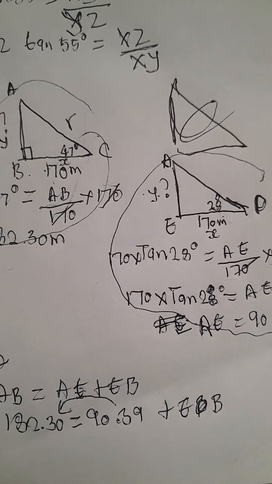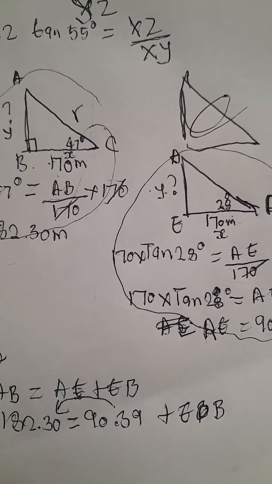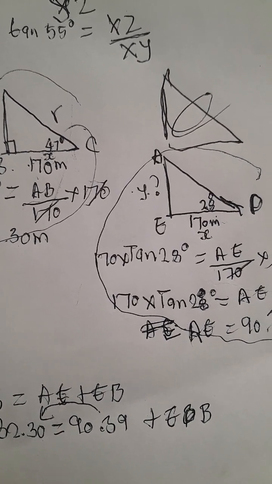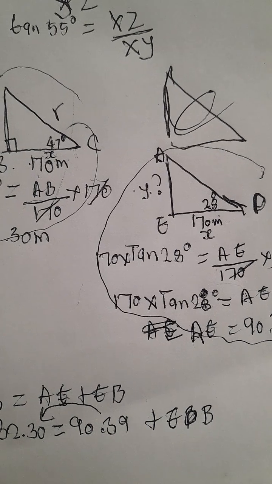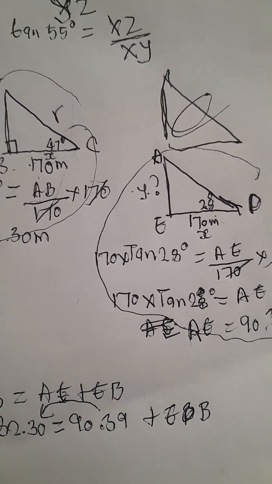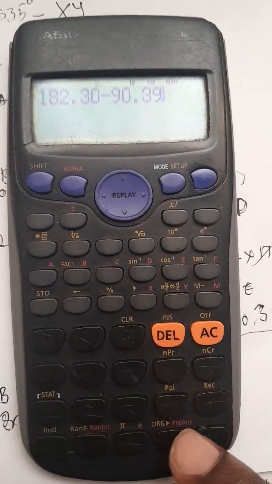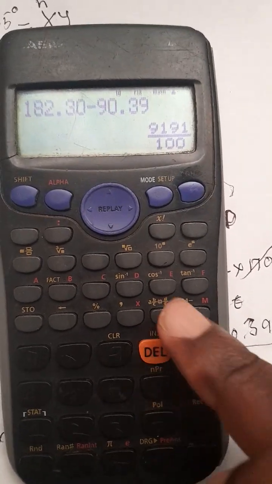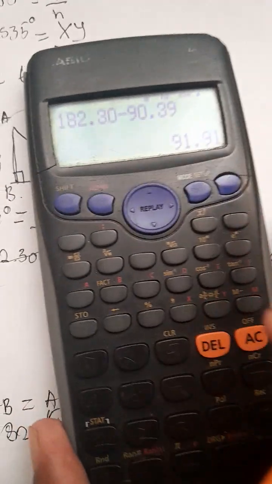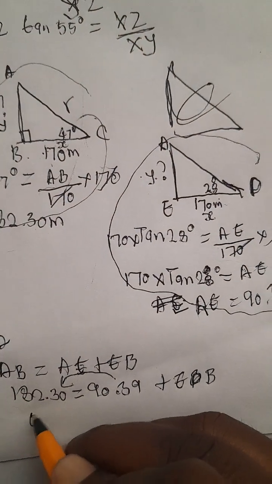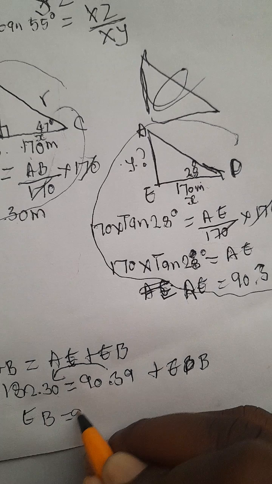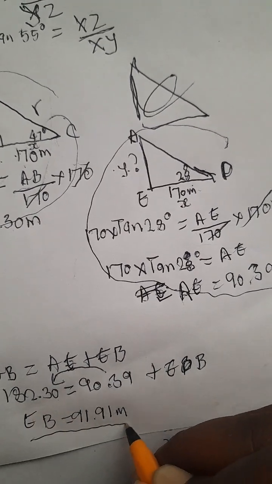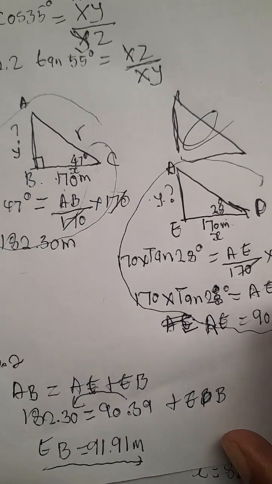Since it's positive, when it goes to the other side, it becomes negative. What do you get there? 91,91. So EB is 91,91 meters. That's the solution for this question, guys.